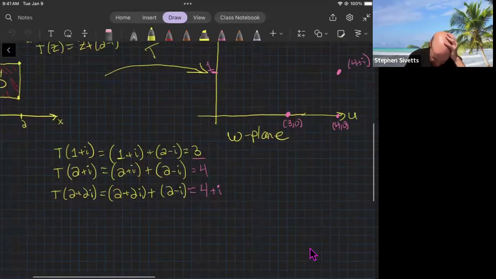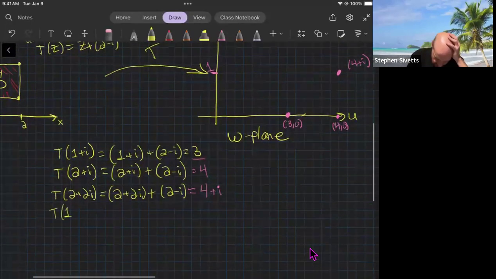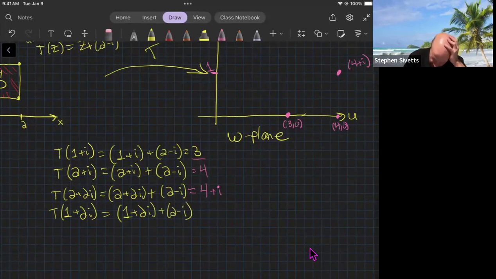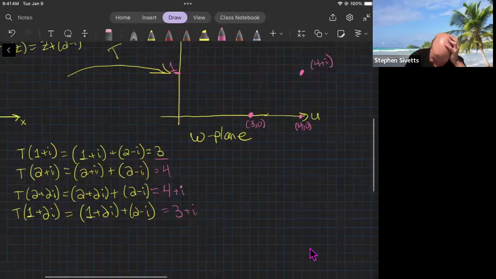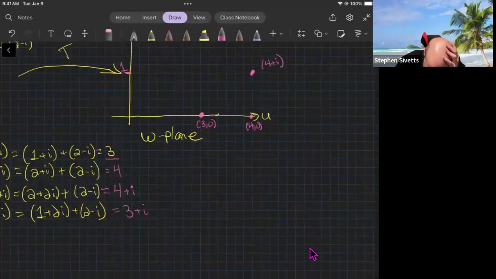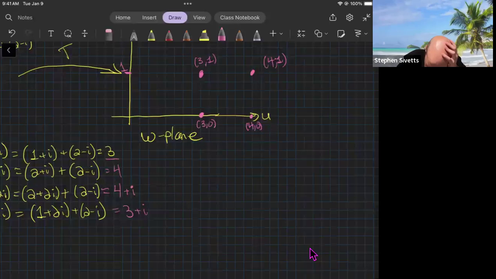And then the last vertex, 1 plus 2i. This will equal 1 plus 2i plus 2 minus i. And that will equal 3 plus i. So 3 plus i will be here. I'll actually write these out coordinate-wise. 4, 1, and then 3, 1 is here.